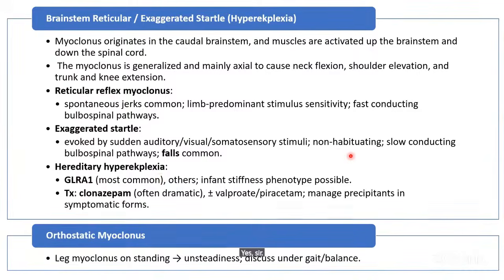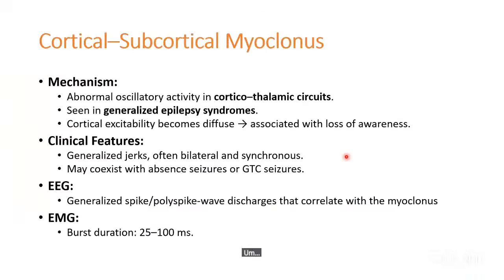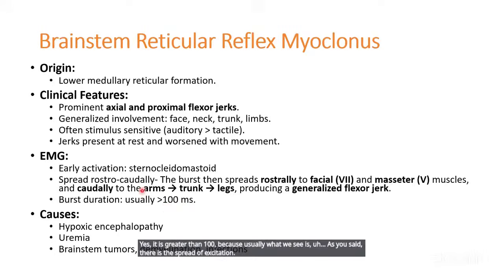What is the duration of this brainstem reticular myoclonus? Usually, its burst duration will be greater than 100 milliseconds, because usually what we see is the spread of excitation from caudal to cranial.